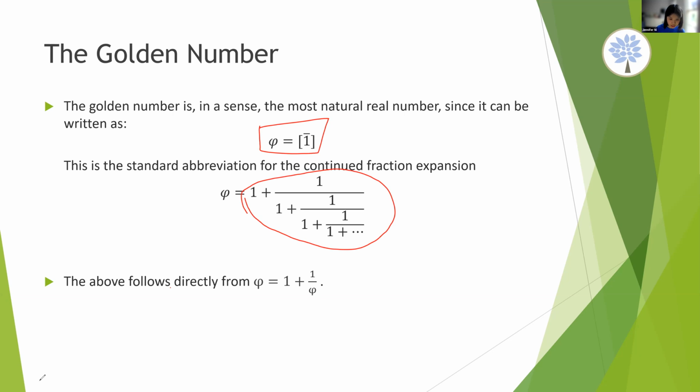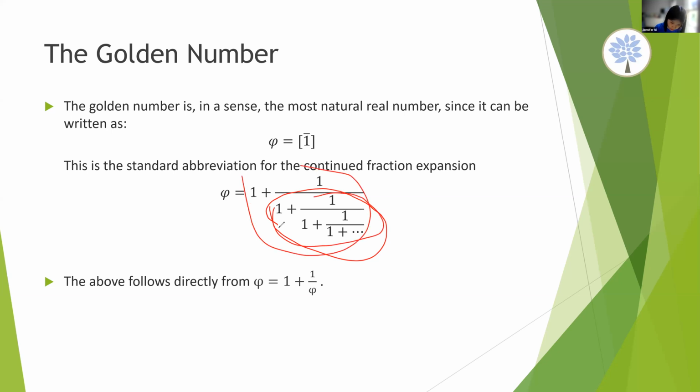And the above follows directly from the equation we got for phi, which we can see holds up here, because substituting this part for phi, because you notice that this part is equal to the whole part, gets this. It has to be phi since the expression is positive.